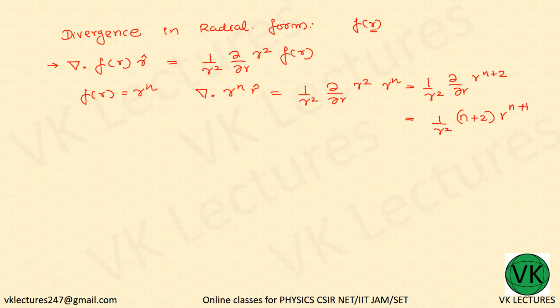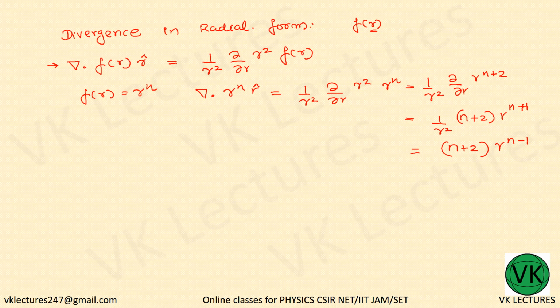Now this will be equal to n plus 2 into r to the power n plus 1 by r square, which is nothing but r to the power n minus 1. So divergence of r to the power n r cap is nothing but n plus 2 times r to the power n minus 1.